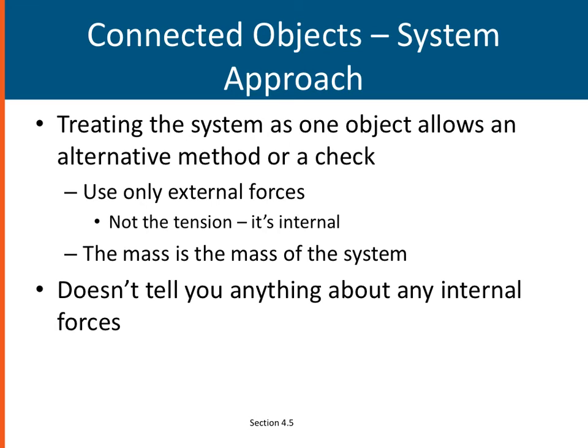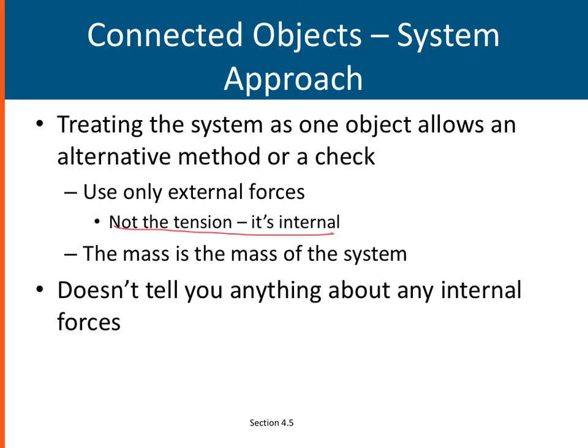Another way to approach connected objects, just like we had pictured in the last slide, is to treat the objects as one system. And this allows a quick check. However, it doesn't allow us to find much because we have to ignore all internal forces. And so tension would be considered an internal force, so tension would not come into play here.